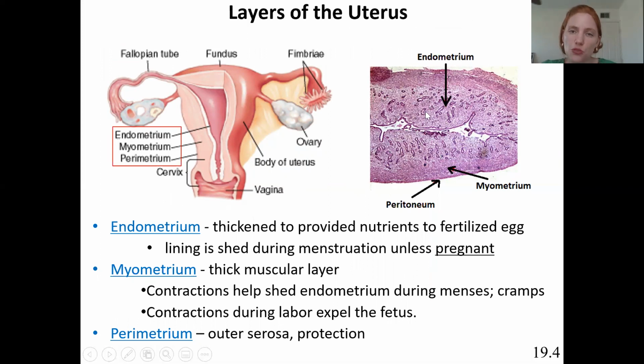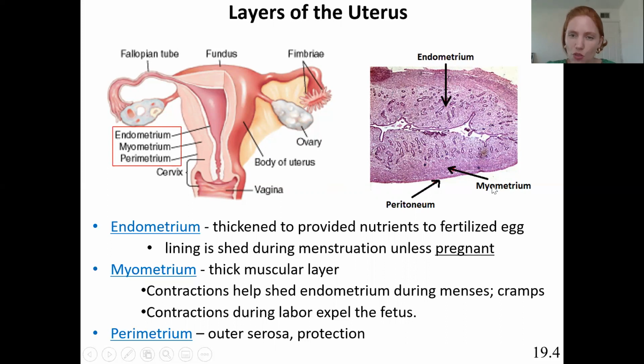And the endometrium, especially in certain parts of the female cycle, has all these glands and blood vessels, so it's nice and wonderful and juicy, a wonderful place for the little embryo, if it is fertilized, to embed itself in. So that's where it would embed itself if it becomes pregnant.